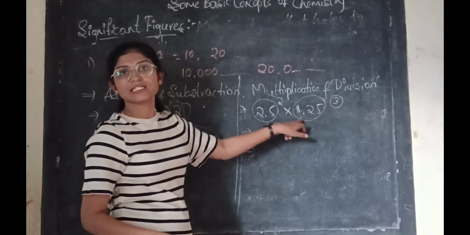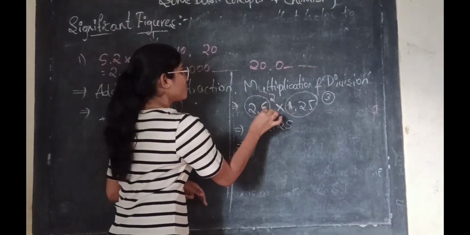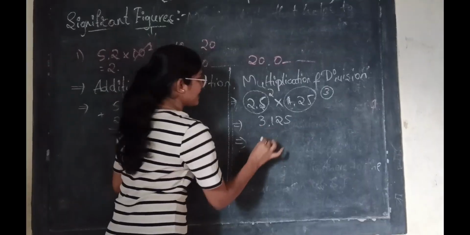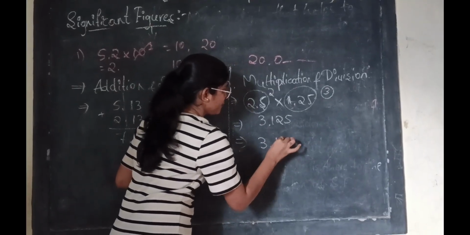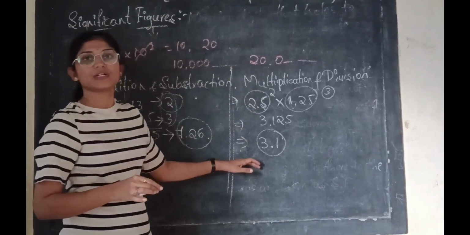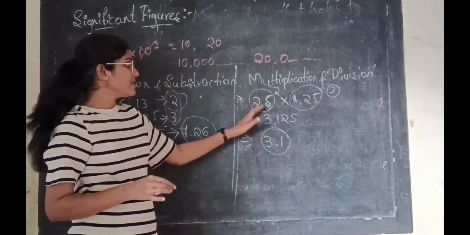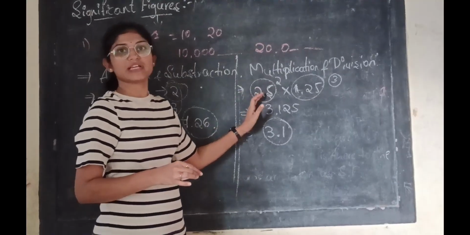So which has the least? 2.5. So we can write this as 3.1. We should take the number of significant figures which is least.